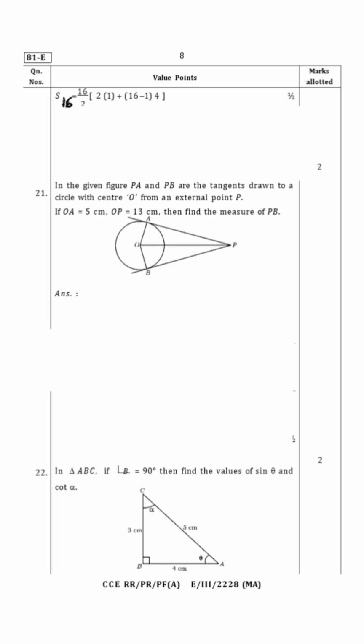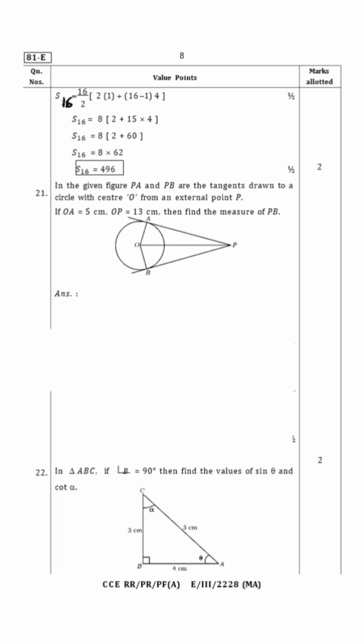You all know how to solve it. 16 by 2 is 8. 2 into 1 is 2, 16 minus 1 is 15, into 4. 15 into 4 is 60, 60 plus 2 is 62, 62 into 8. We have to find out the value. 8 into 62 is equal to 496. So the sum of 16 terms is 496.